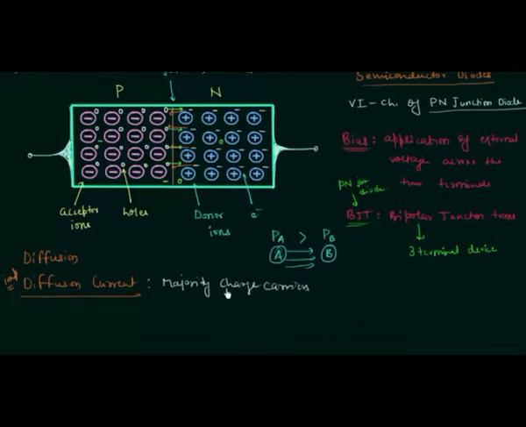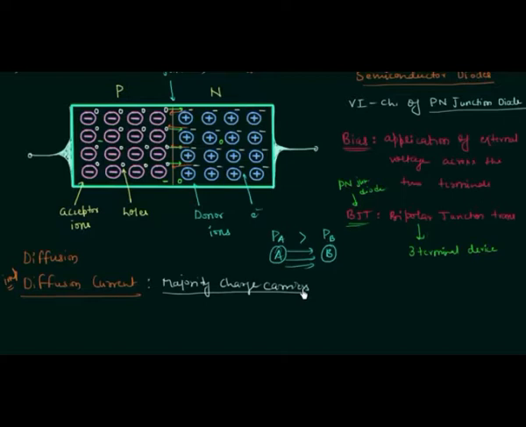So we have one new thing with us, diffusion current. Let us try to understand it once more. Diffusion current is because of the movement of the majority charge carriers from high concentration to low concentration. We call it diffusion current because the process of movement is called diffusion, and this is because of majority charge carriers, right?